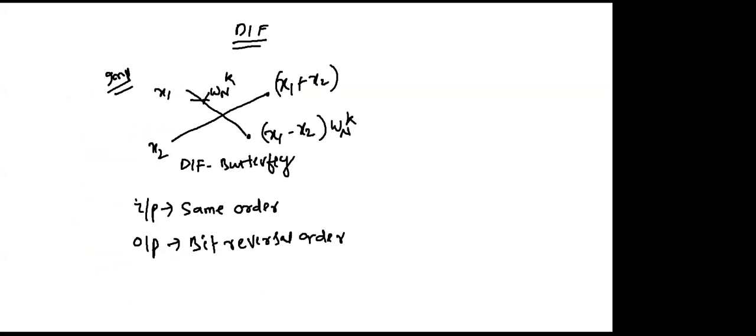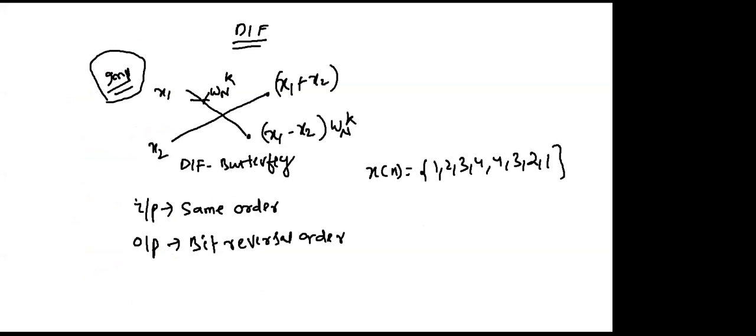Just take one question, the same question. I am taking x of n equals 1, 2, 3, 4, 4, 3, 2, 1. Okay. Then this is very important. Again, I am repeating, this is very, very important, the butterfly. Okay.